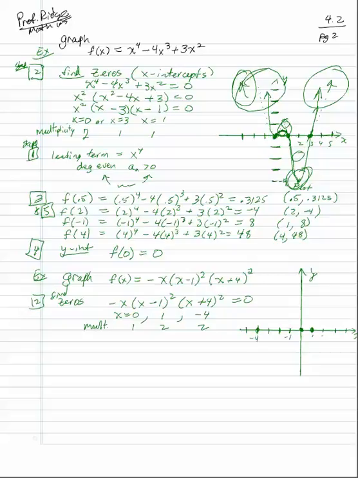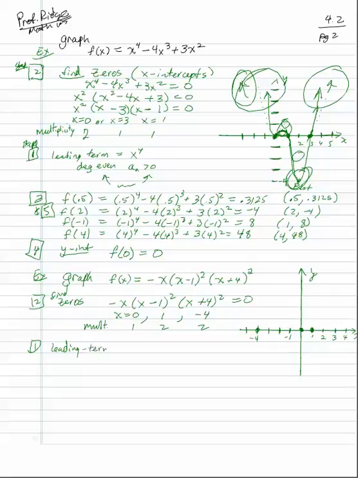I'm not going to label my y-axis because we're not going to do it to scale. We're going to get a rough sketch of this. Because this is now for the leading term, if it's in factored form like this, you just take the first term of each parenthesis to the power and multiply them all together.